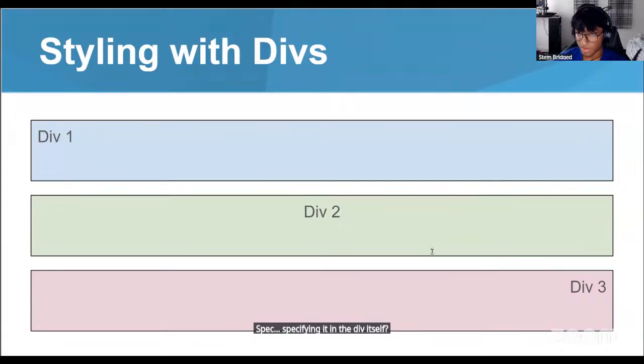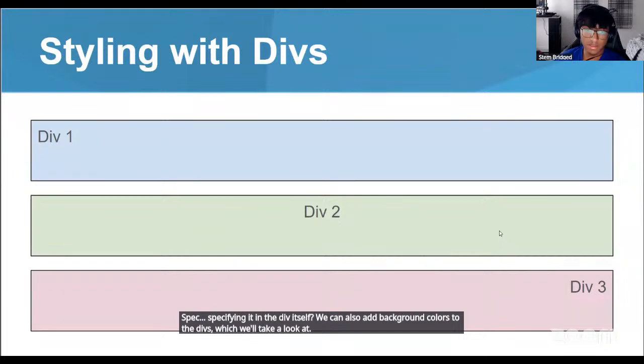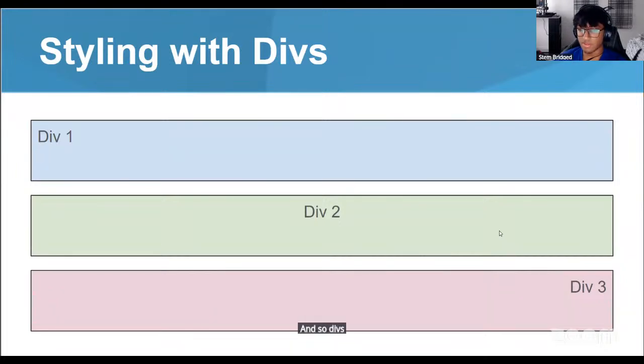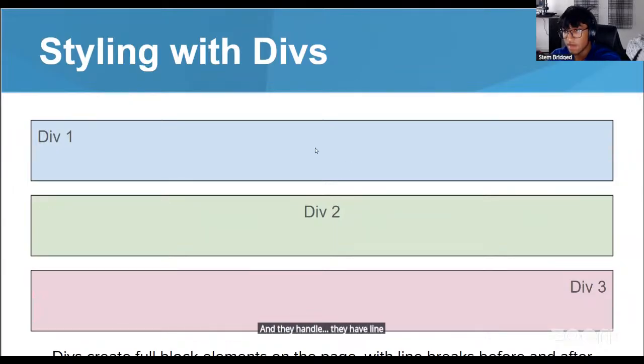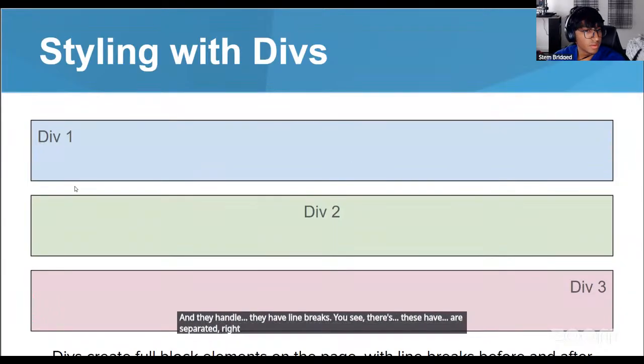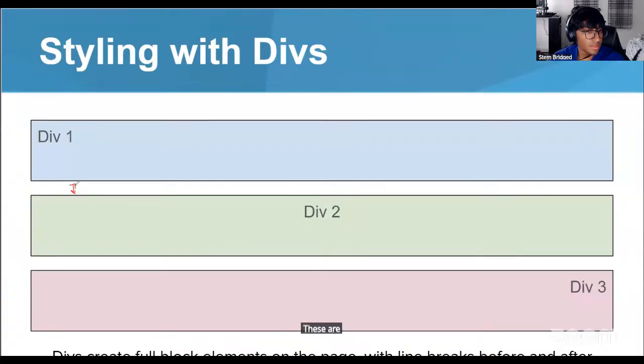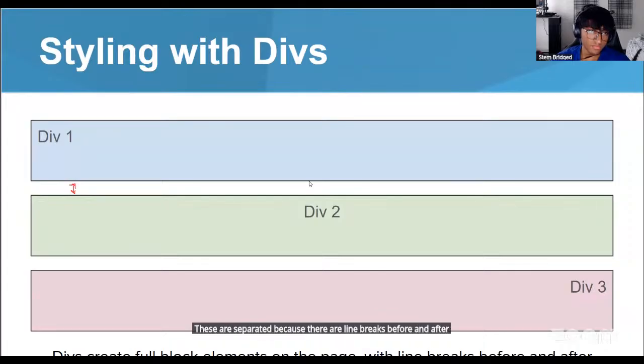We can also add background colors to the divs, which we'll take a look at. And so divs are just full block elements on the page. And they have line breaks. You see these are separated, right? These are separated because there are line breaks before and afterwards.